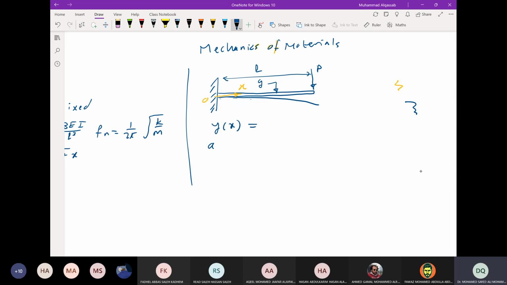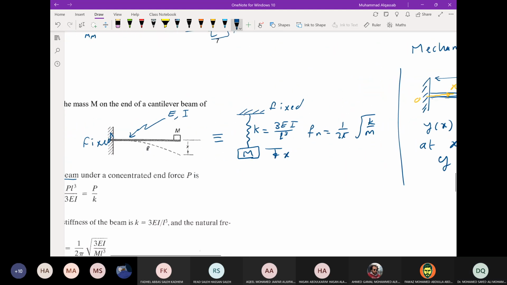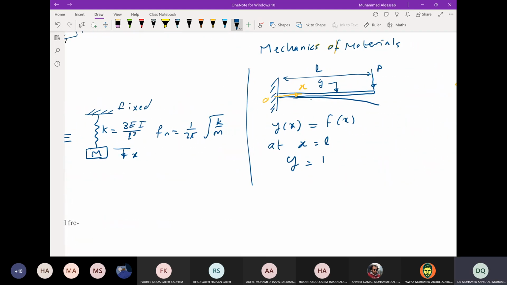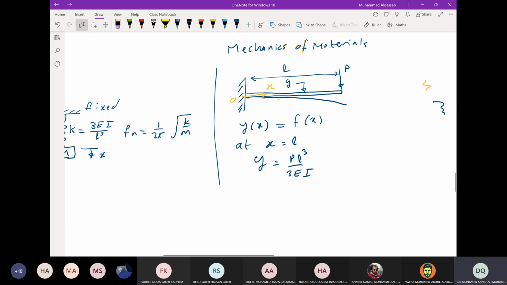Now I don't recall the equation, but it is a function of X. But at X equal to L, Y equals, as given here, PL cubed over 3EI. So you arrange this equation as Hooke's law, you put P on one side. This would be 3EI over L cubed times Y. So this is the stiffness. This is K.